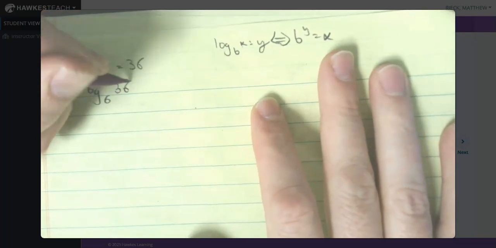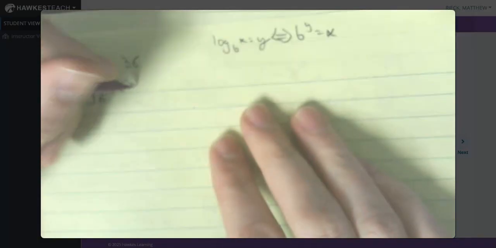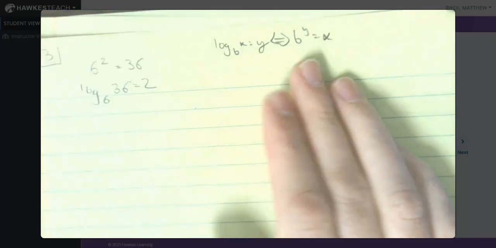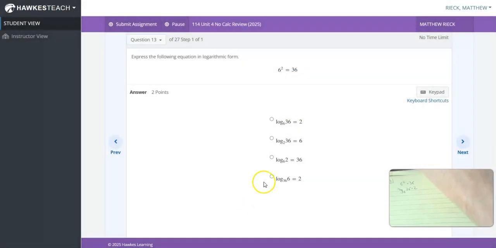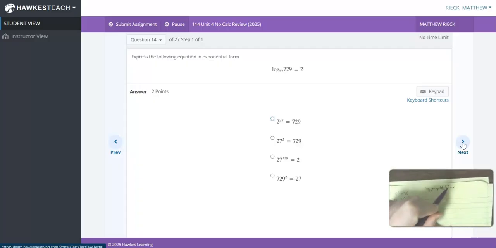That's my x in this case, and then my y is 2. So yes, we have log base 6 of 36 equals 2. And exponential form is just the opposite here. So we're going to have 27 to the 2 equals 729.